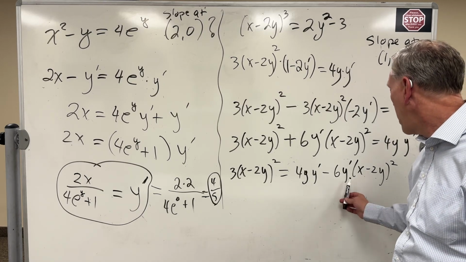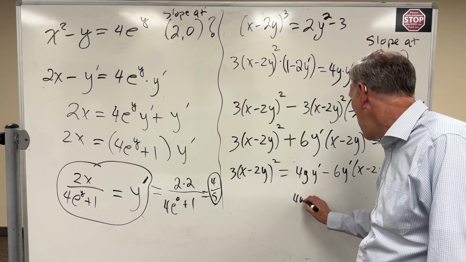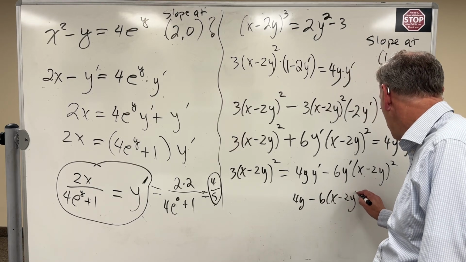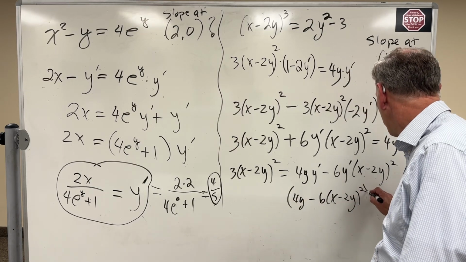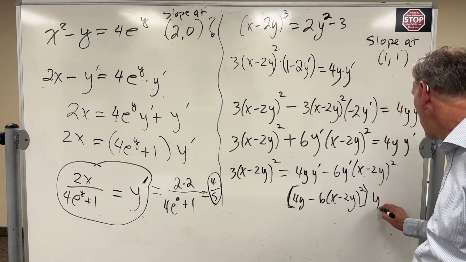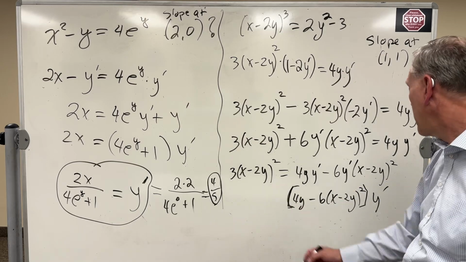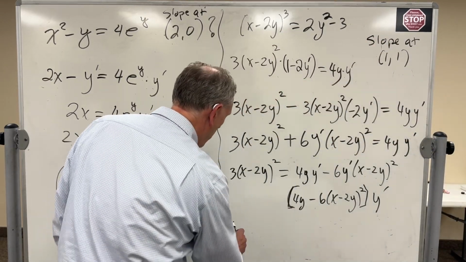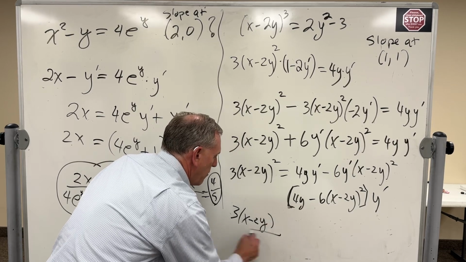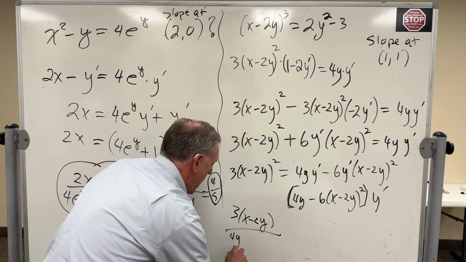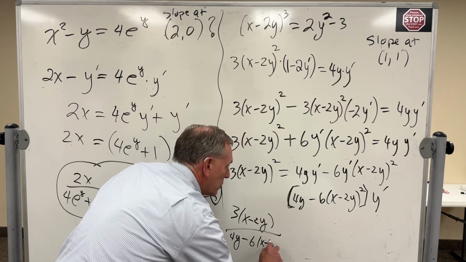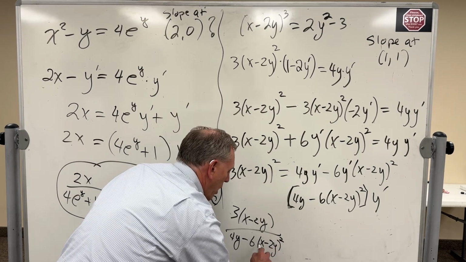So now we can factor the y prime out, leaving me with 4y minus 6 times (x - 2y)^2, all of this times y prime. You can divide both sides by this. So we're going to wind up with 3(x - 2y) divided by 4y minus 6 times (x - 2y)^2.